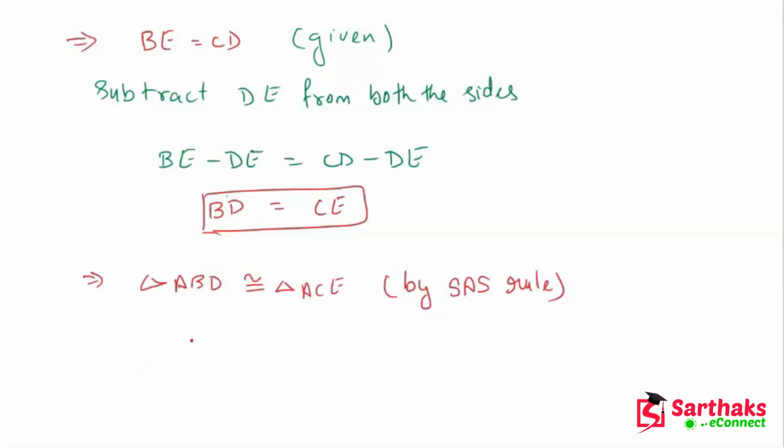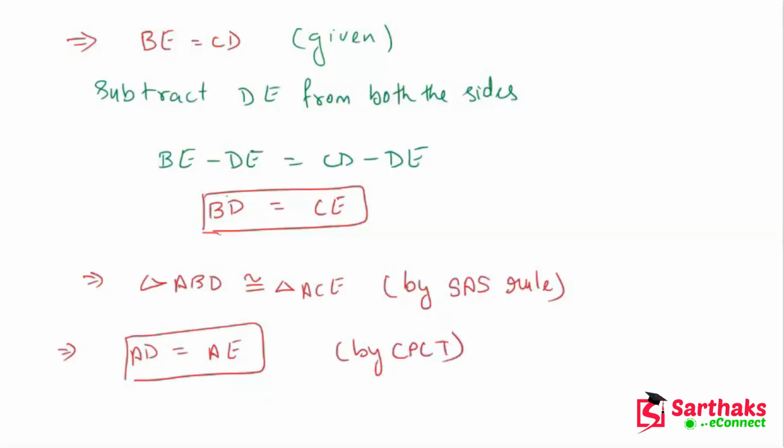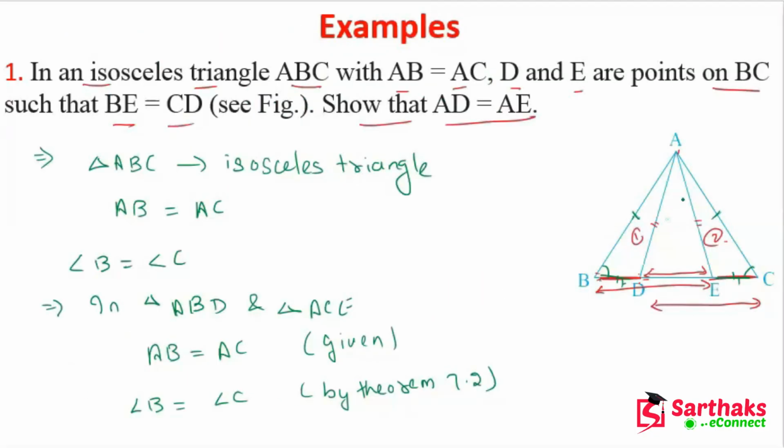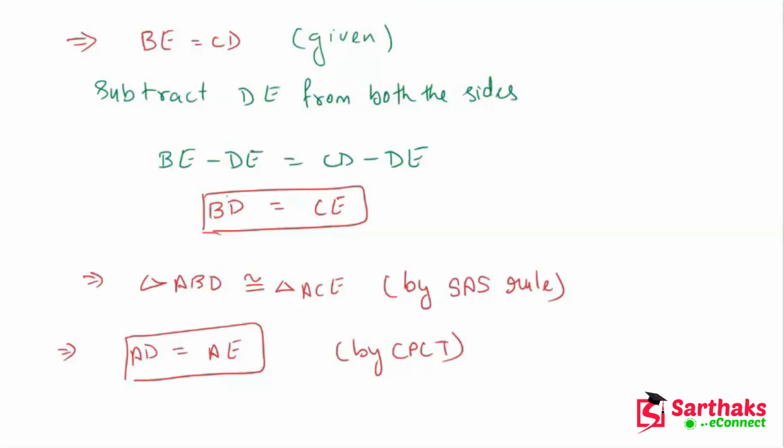So from this we can write AD is equal to AE. This is by CPCT. This line AD is equal to AE by CPCT. Okay, so we can write, hence proved.